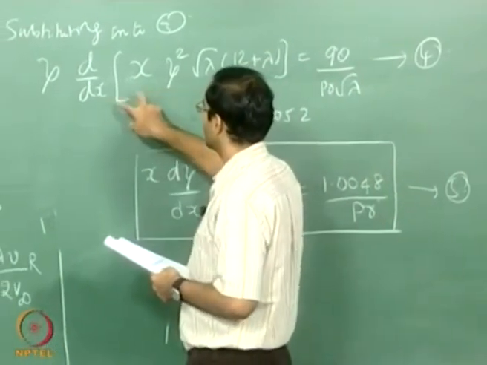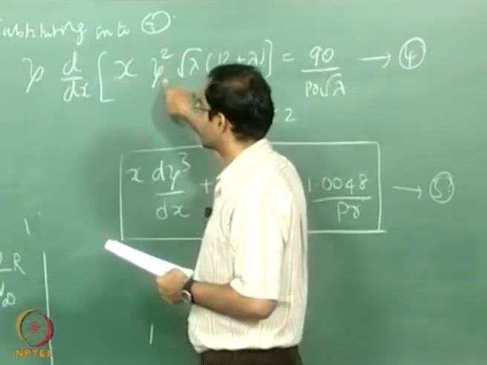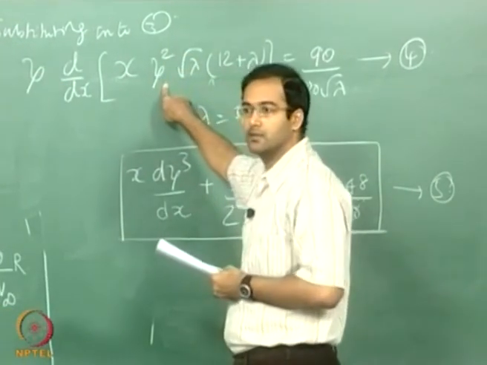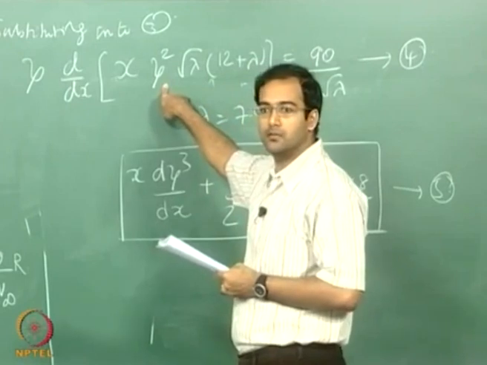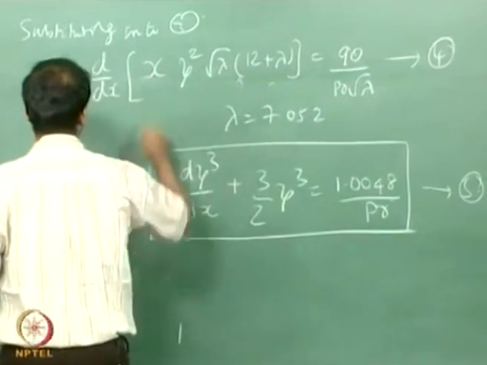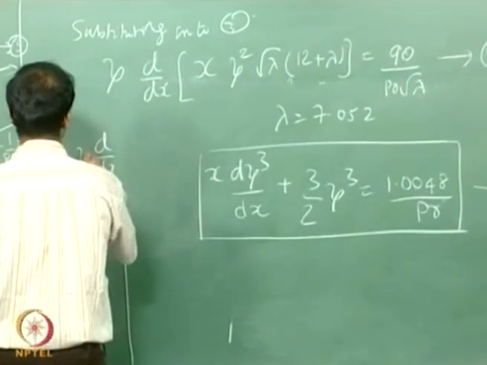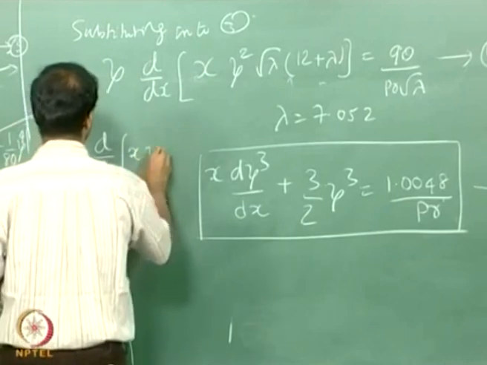Now I can separate this d by dx, I can take this inside. If I write this in terms of zeta cube, suppose I ignore all the constants, I have zeta into x into zeta square.